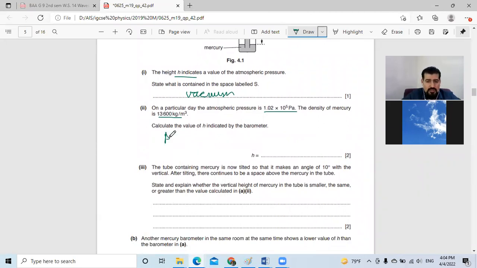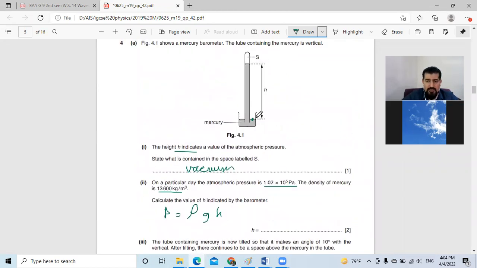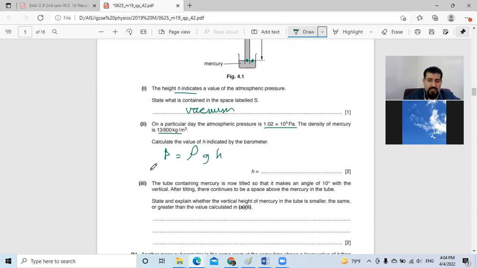Now we know that pressure equals the density of the mercury multiplied by g multiplied by the height. The pressure at this level is the atmospheric pressure, and the pressure inside the tube at this point is the mercury pressure. They have to be equal.